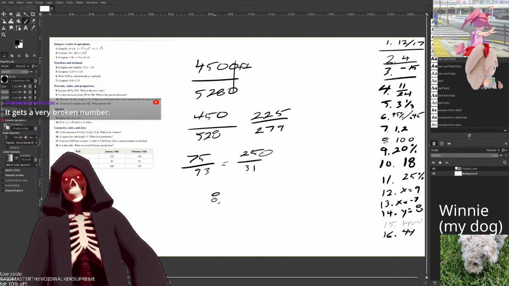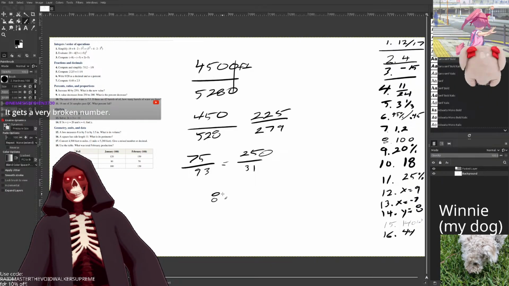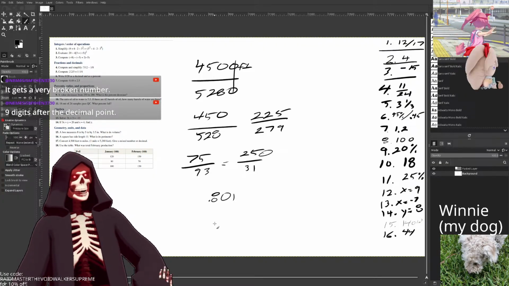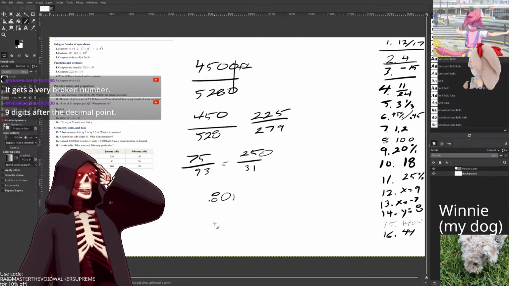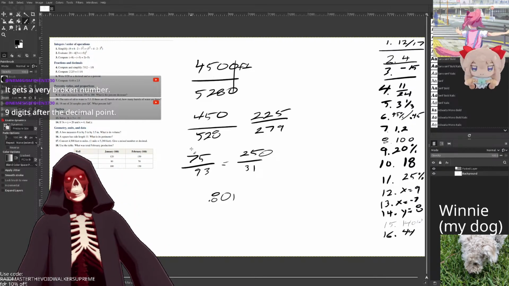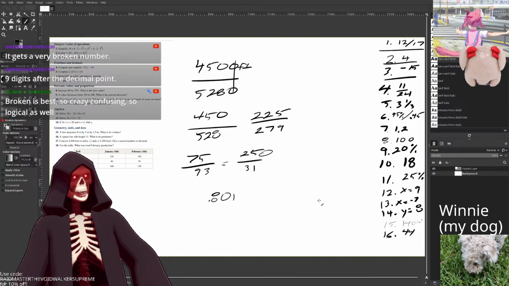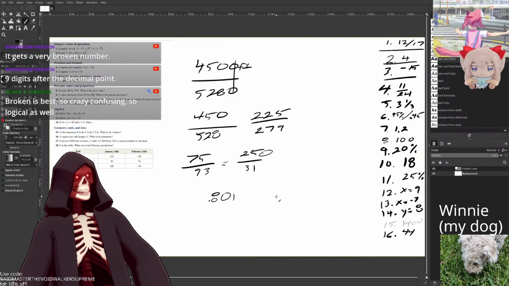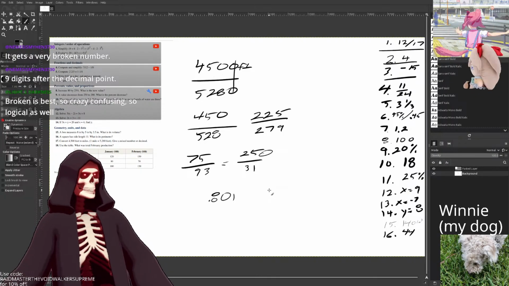It's like 80... 0.801 something. Nine digits after the decimal point. Yeah, it's a stupidly long number.